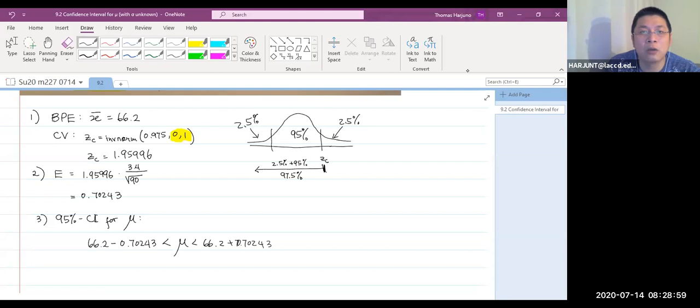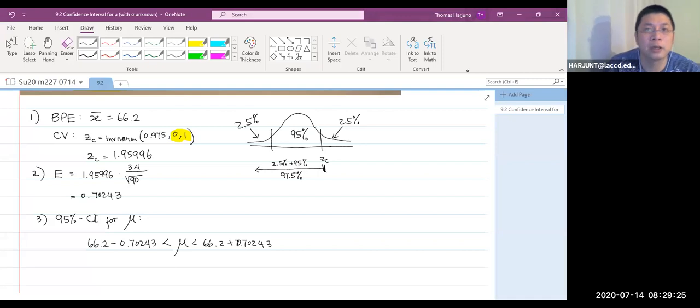So unless otherwise stated, we assume standard normal. When we deal with the critical value for standard normal, the words standard normal mean that the mean and the standard deviation are 0 and 1 respectively.